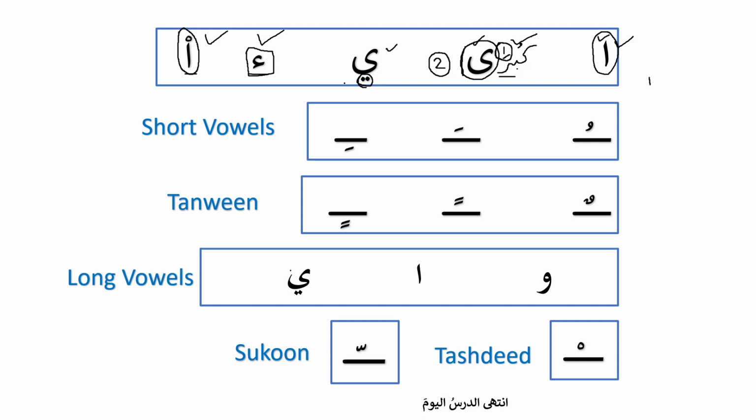Sir, I have a question. Sure. I wanted to ask that if, for example, we are not pronouncing the tanween at the end, for example, there is a sentence that has a kitab. If we are saying kitab instead of kitabun, does that change the meaning? Well, it depends. When you talk about modern standard Arabic or everyday Arabic, like we are doing now, it doesn't make any difference.